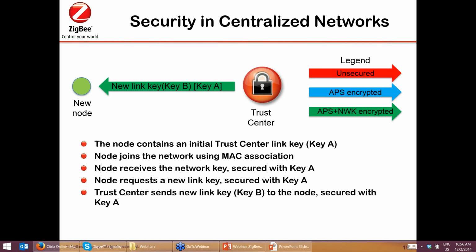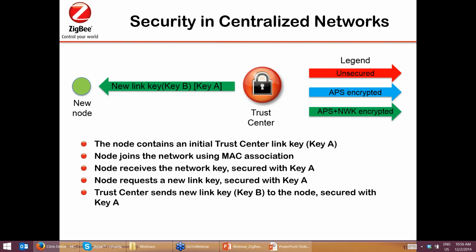So the bulk of the communications once you're joined is using the initial link key, right up to the point where you exchange that with the newly generated key that only the new node and the trust center will know. And then once that's successfully exchanged, and again you're using the initial link key to encrypt this, then you have the new key that you can use moving forward.